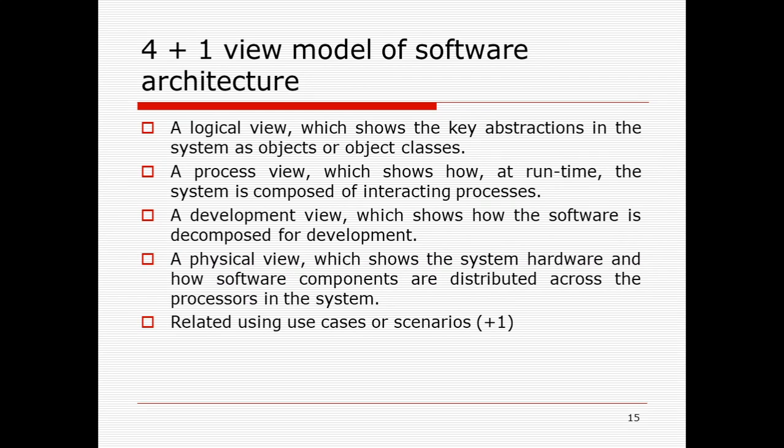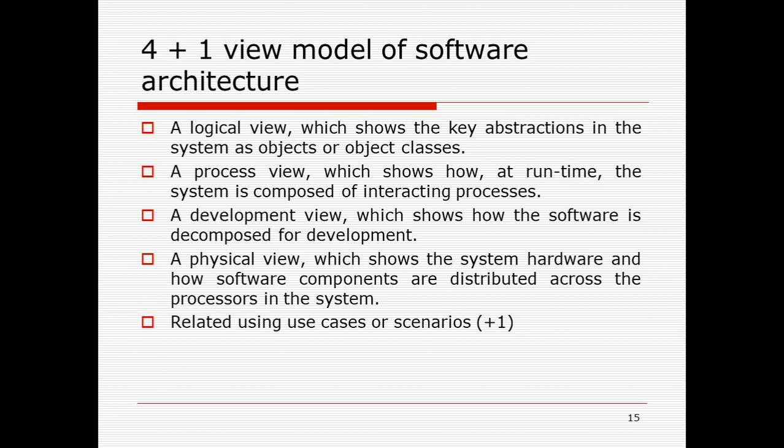Here we can see some of the common views that architectural models represent. The logical view shows the key abstractions in the system as objects and object classes. Similarly, we have a process view, which represents the runtime view of the system, that is, the interacting processes in the system.